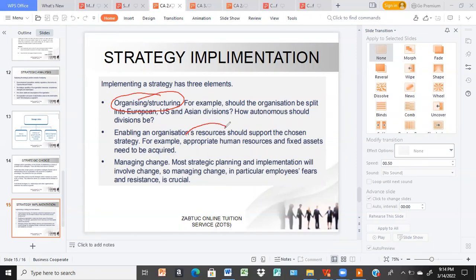You need the right amount of resources, e.g. human resource, fixed assets. But also you need to deal with change. Strategy implementation involves change. So how do you manage change? There's a model called force field analysis.